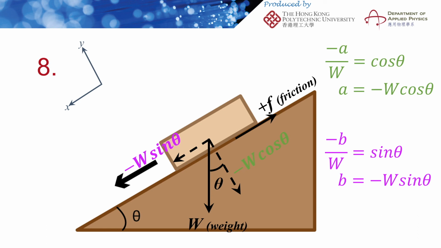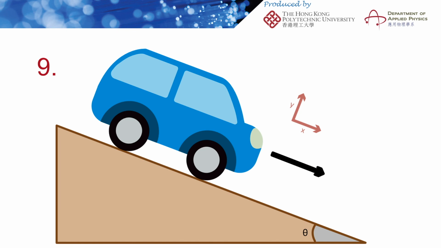The box is placed on the inclined plane surface. The normal reaction force exerts to balance the weight. The normal reaction force is pointing upward, so it is labeled as plus R. Now you can use a few minutes to label all vectors in question 9 and 10.